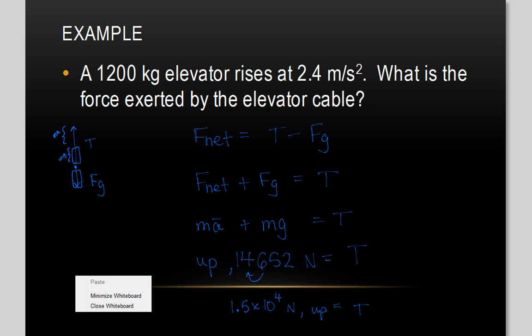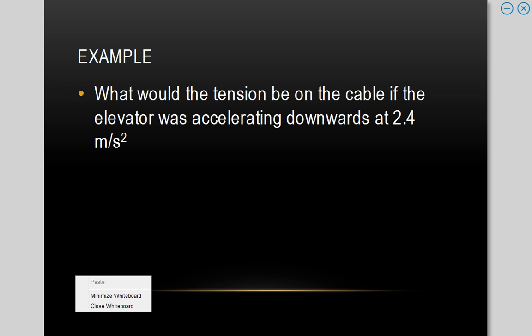Then your net force will be in the direction it's going to travel. This one's accelerating downward. If it's accelerating downward, which one's bigger? The weight is larger than tension. If that's the case, just put that one first, because when you subtract them, it'll end up positive in that direction.